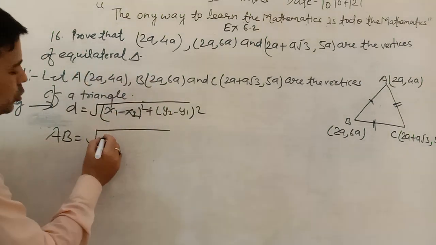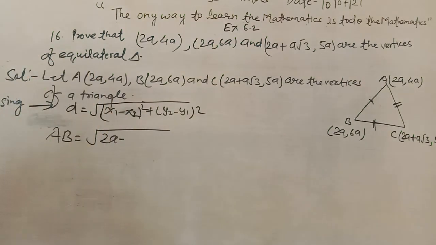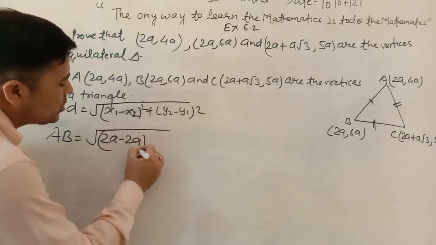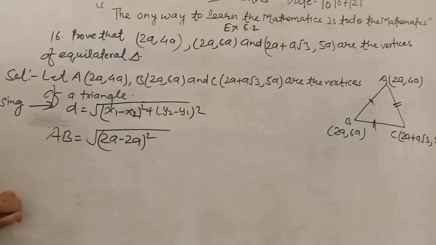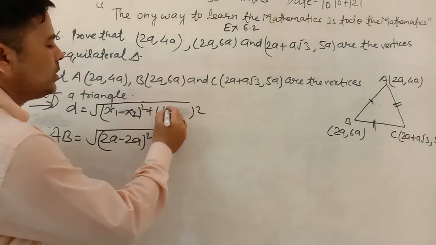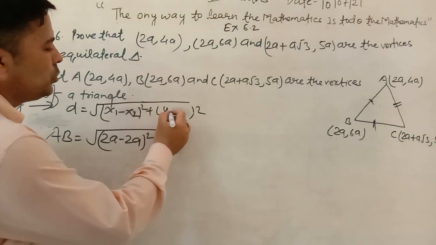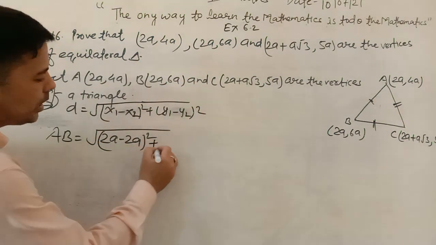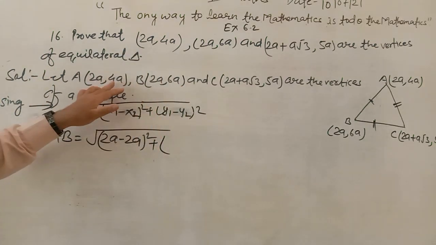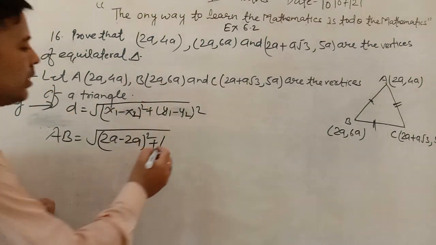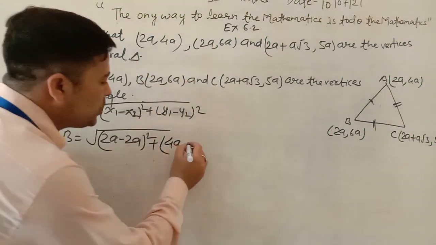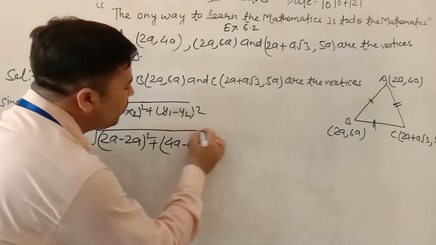So x1 is equal to 2a minus x2, which is also 2a, so it is (2a minus 2a) whole square. Now when you are using x1 minus x2, then you have to use y1 minus y2 whole square. The value of y1 is 4a and the value of y2 is 6a, so it is (4a minus 6a) whole square.